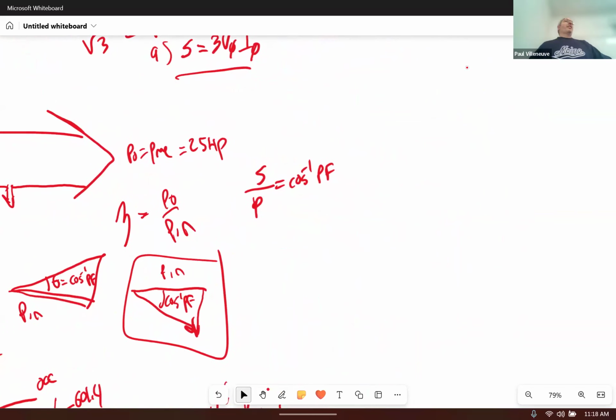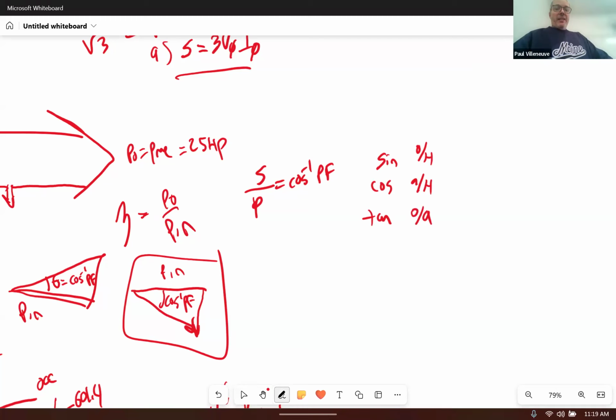What does SOHCAHTOA say? It should be cosine. SOHCAHTOA says the sine is the opposite over the hypotenuse, cosine is the adjacent over the hypotenuse, the tangent is the opposite over the adjacent, right?